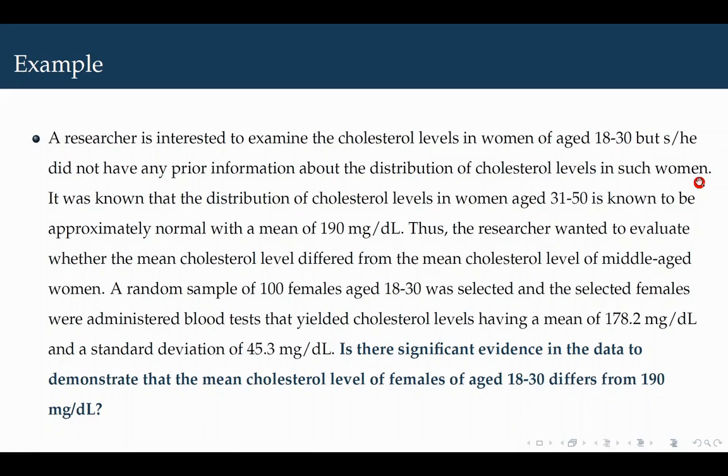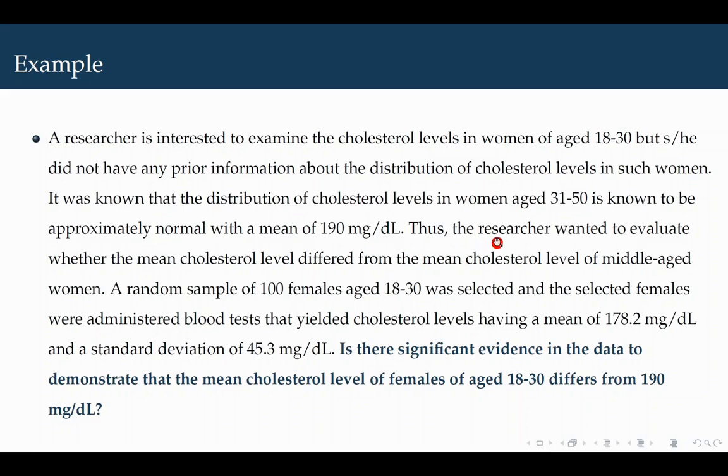It was known that the distribution of cholesterol levels in women aged 31 up to 50 is approximately normal with a mean of 190 milligrams per day. So the interest is in women aged 18 up to 30, but this mean is for women aged 31 up to 50.